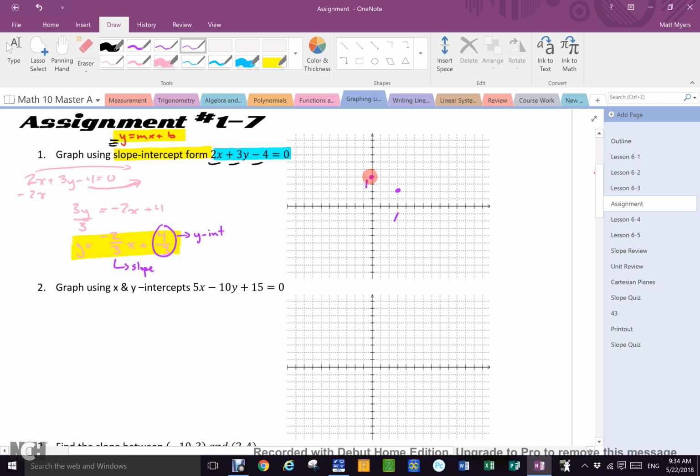Now, what else must I do to make sure it's a straight line? Go back to where I started and do what? Do the opposite. Up 2 and left. I went 4. And there is the line. Without any tables of values, no problem.